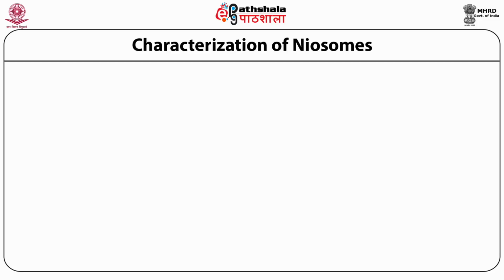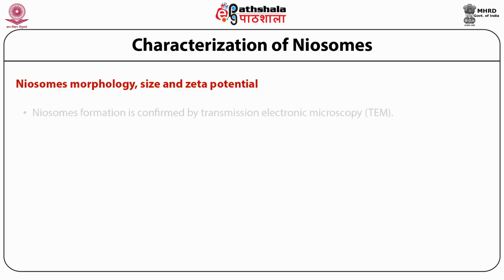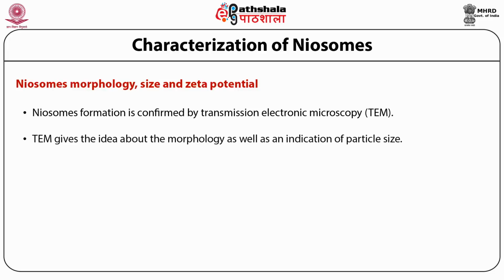Characterization of neosomes. Neosome morphology, size and zeta potential. The first characterization for a neosome vesicle is for morphology, size and zeta potential. The neosome formation is first confirmed by transmission electron microscopy, called TEM, which gives the idea about the morphology as well as an indication of the particle size of the vesicle.